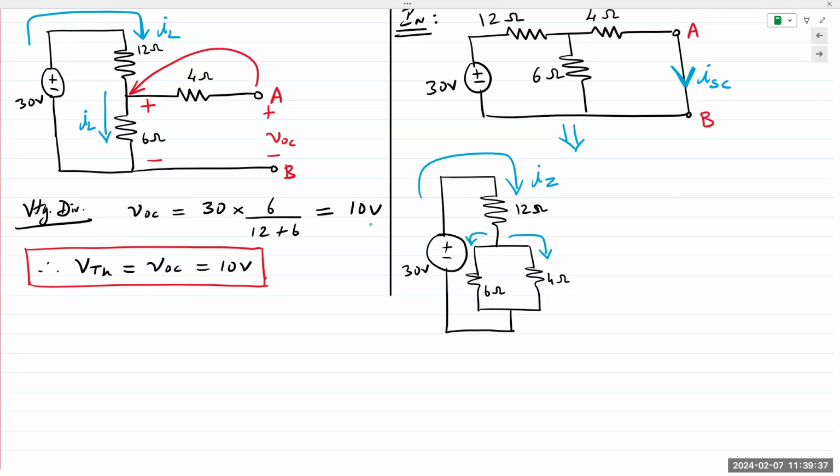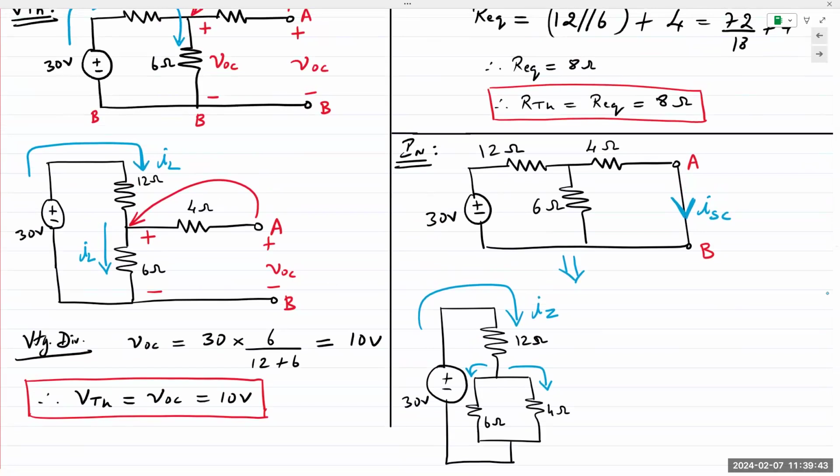Let's look at the circuit above. What can we see about ISC, the short circuit current? If I extend ISC, what do I see? What can we conclude about ISC?